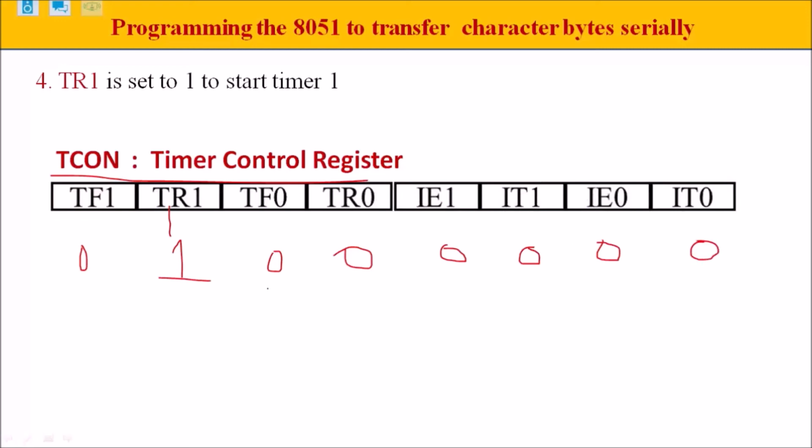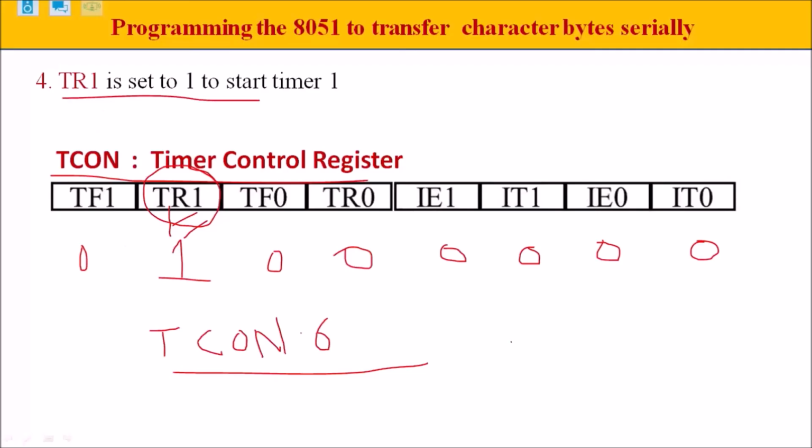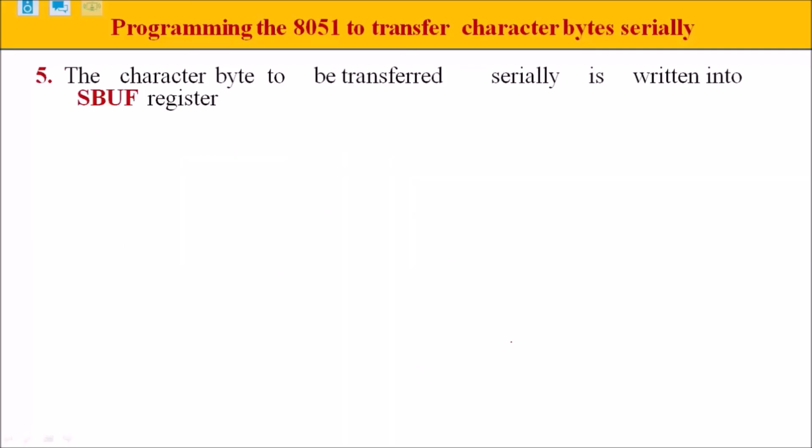Just start the timer, and automatically it will generate a clock signal. The only thing is that we have to set this TR1 bit to 1. TR1 is the TCON.6 bit of the TCON register. So we have to use SETB TCON.6. To set this bit, we'll use the set bit instruction. So the timer starts and the clock will start generating.